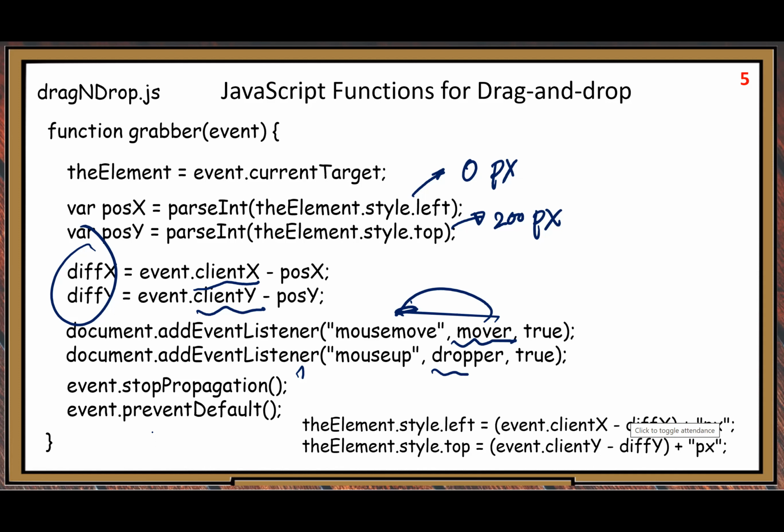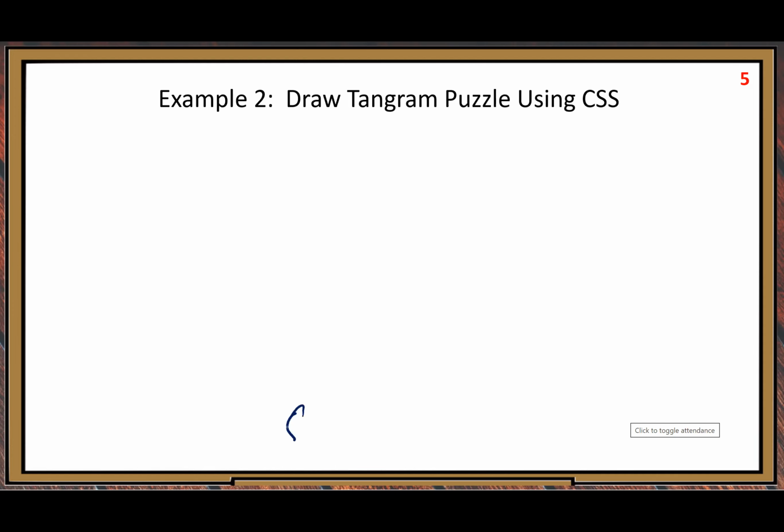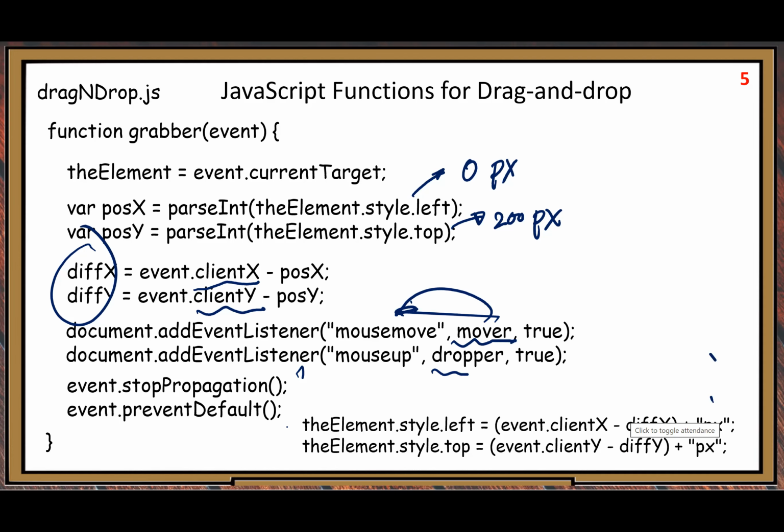After you make so many things, some potential negative things could occur, so you use these two lines to stop those things. And these two lines, I show you mainly for this mover function. Inside the mover function, these two lines are the main thing you need to do. You need to update the X coordinate and the Y coordinate for the current element.